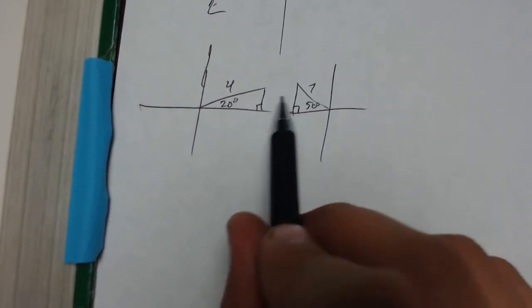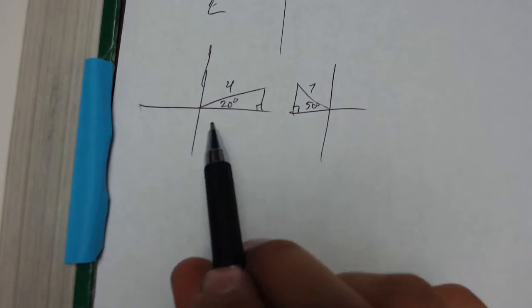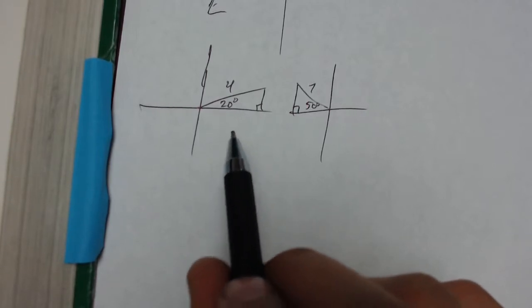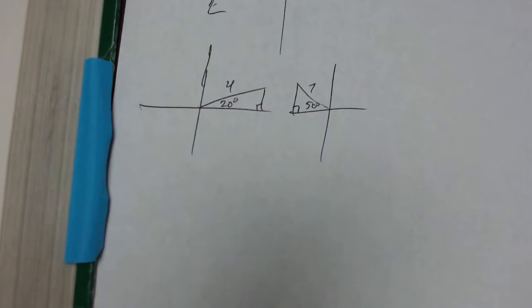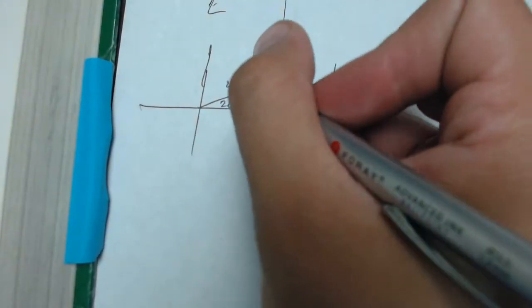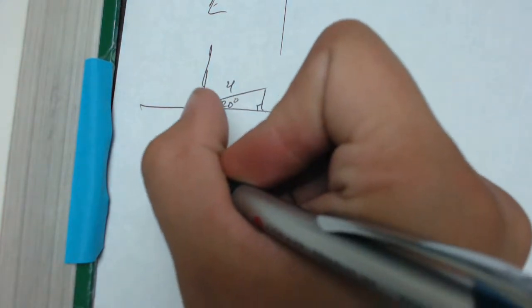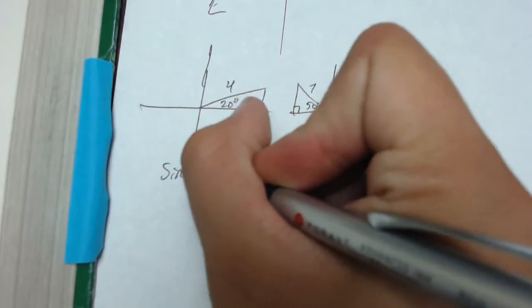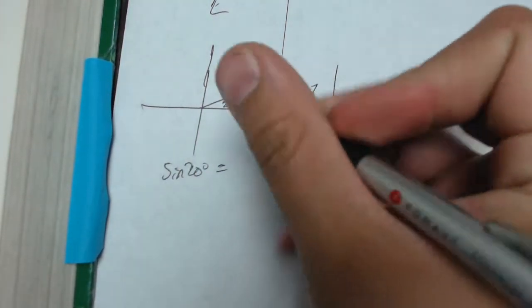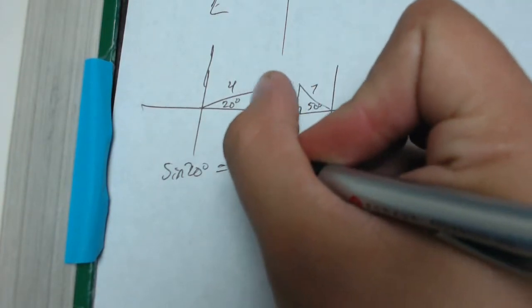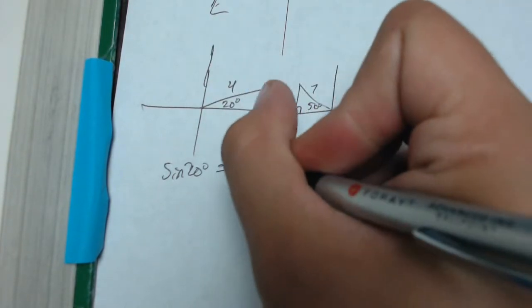So I need to convert both of these to rectangular coordinates, which means I have to use my sine and cosine trig identities. So my hypotenuse is 4, my angle is 20. So here I will be saying the sine of 20 degrees equals the opposite side, so y over 4.